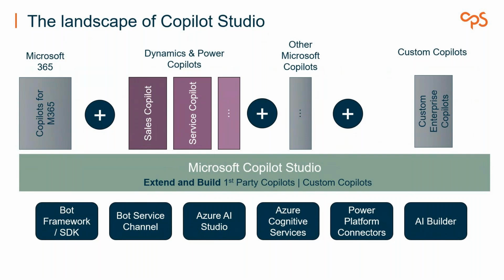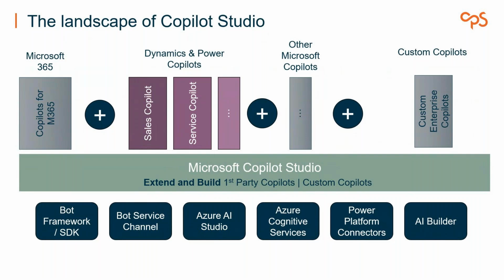We also can then utilize some of the other first-party copilots, such as Dynamics 365 Sales Copilot, so being able to maybe bring in, if there's multiple CRM systems, being able to consume more than one CRM source, so all of our customers' data there.